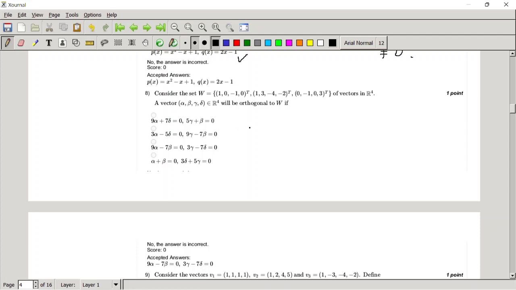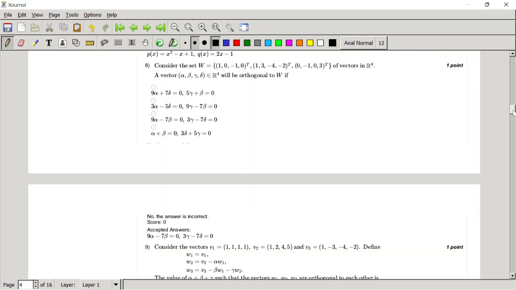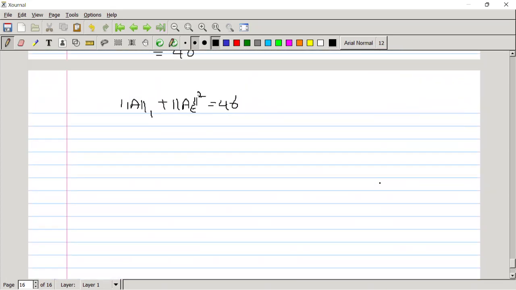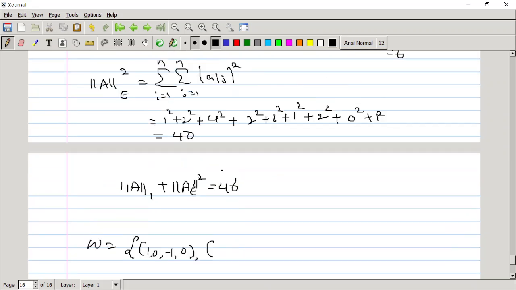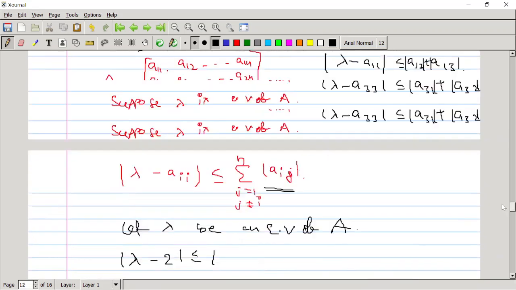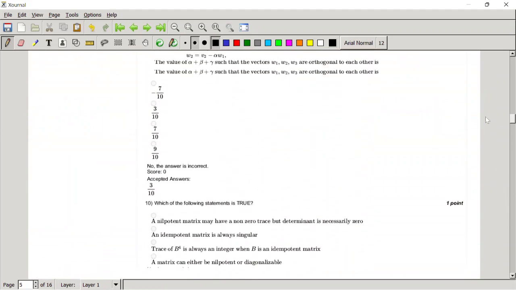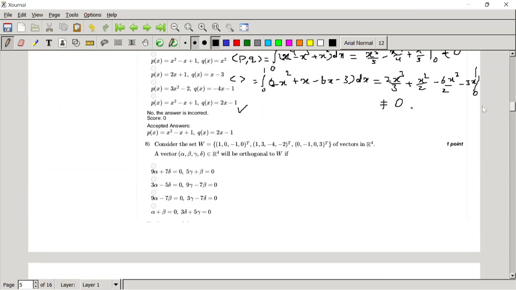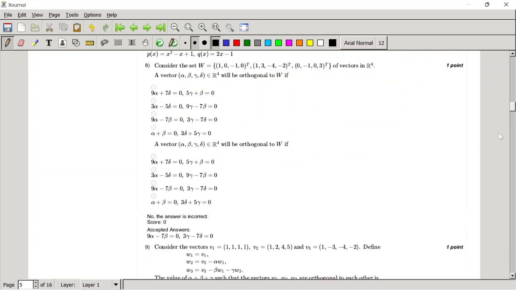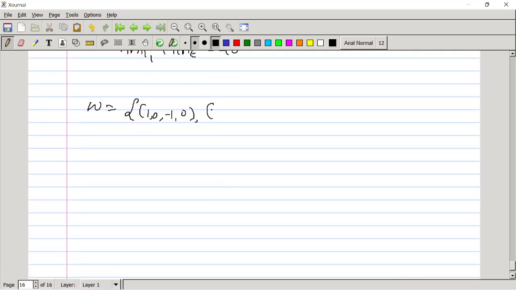So let me write the vectors firstly. 1 0 minus 1 0. So W is equal to 1 0 minus 1 0, 1 3 minus 4 minus 2, 0 comma 1 comma 0 comma minus 3, I think.